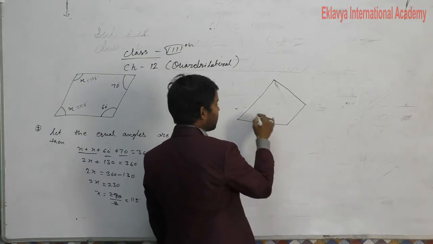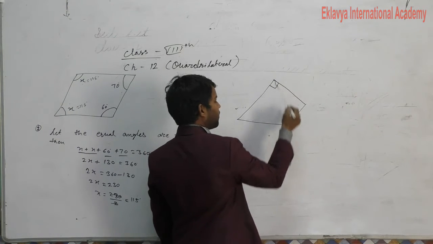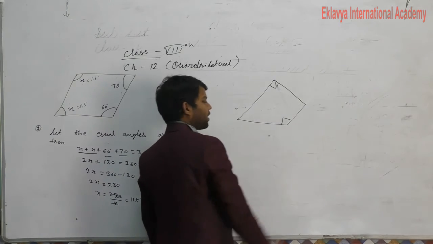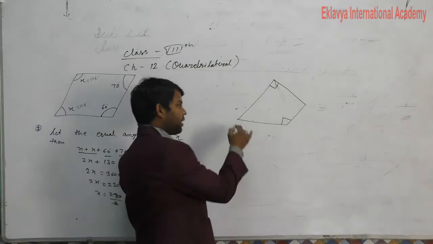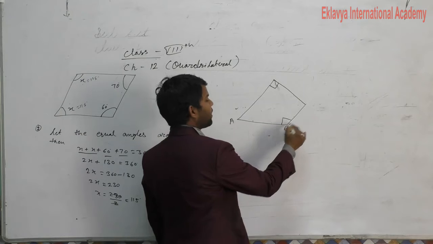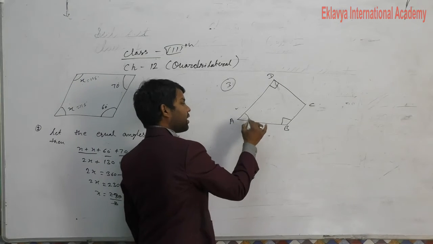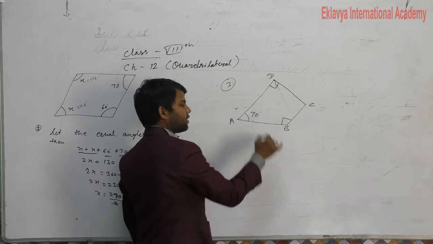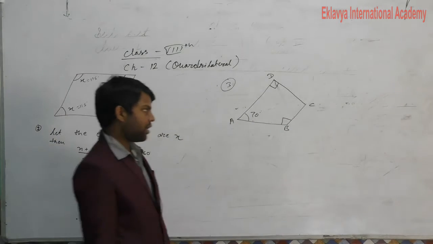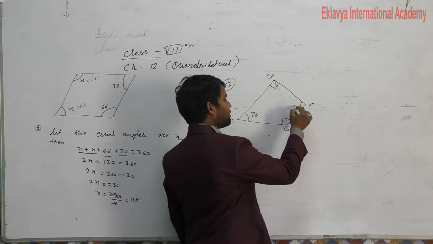Here it is given that this angle is like this type. The name of this quadrilateral is ABCD, and here it is 70 degrees. We want to find angle C.